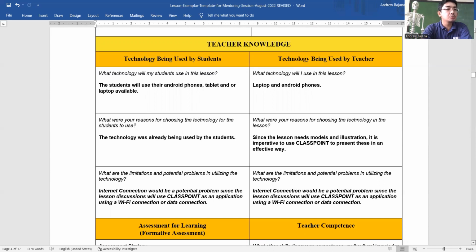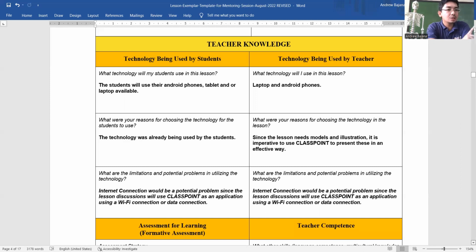It was already being used for 2 years now, and for the teacher side, it is used for presentation purposes, since the lesson will be illustration, so it is a must to use visual technology or a visual illustration application for this specific lesson.